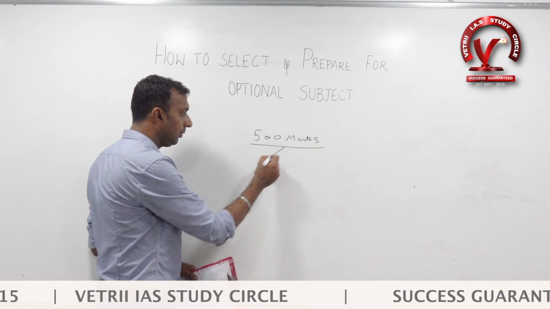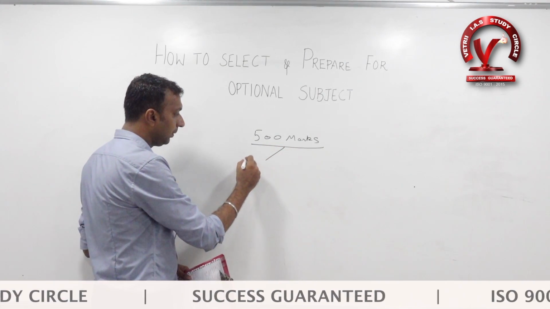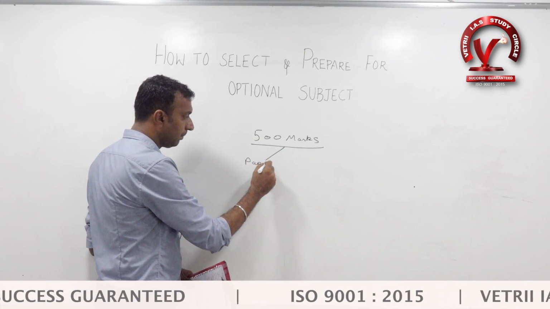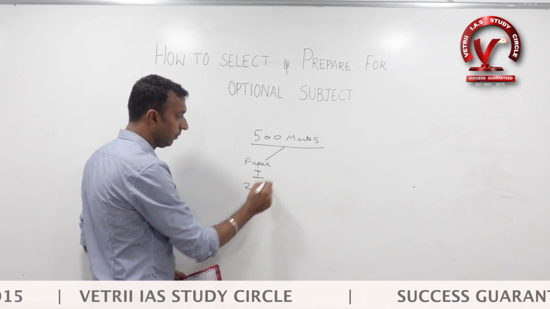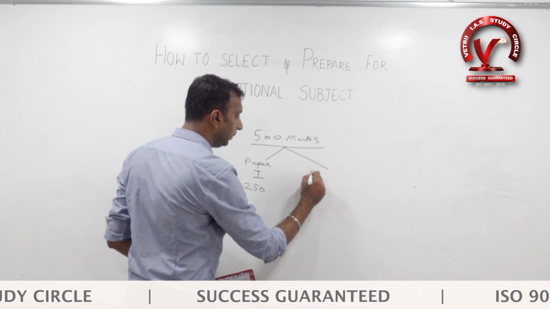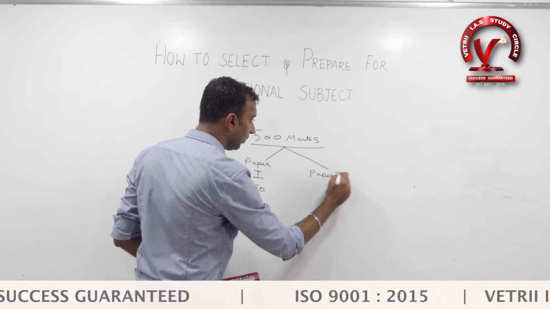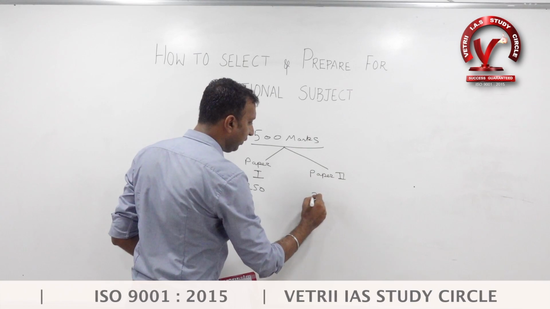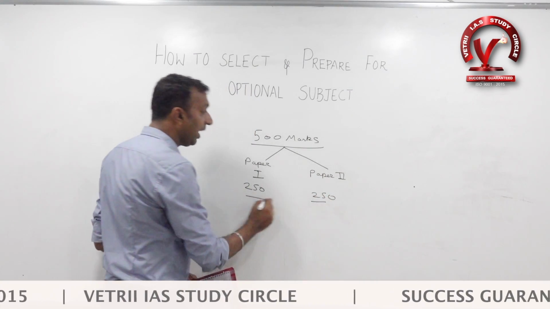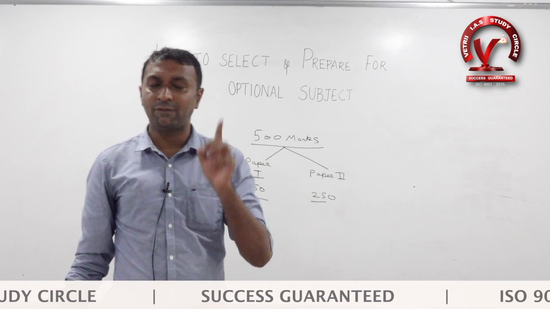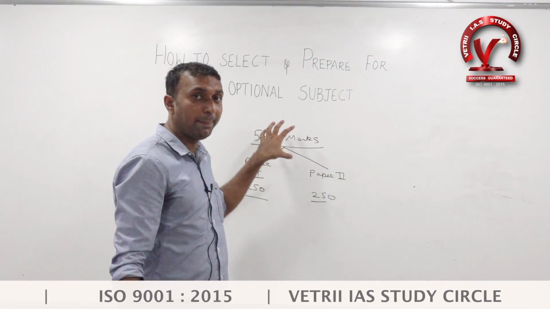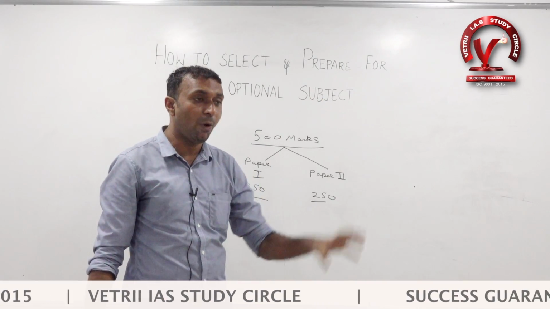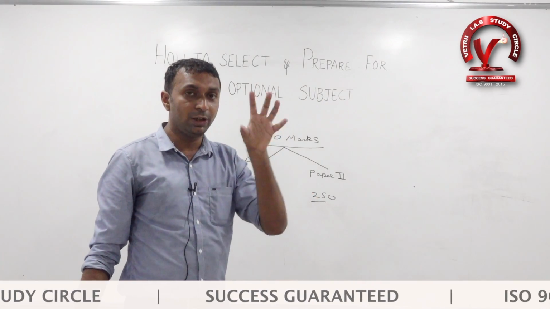Number one, that is Paper 1, which consists of 250 marks. Paper 2 consists of 250 marks. So in total it is a 500 marks paper. You have to choose one subject.